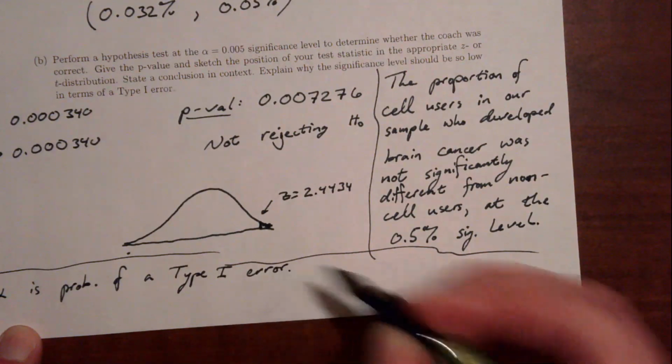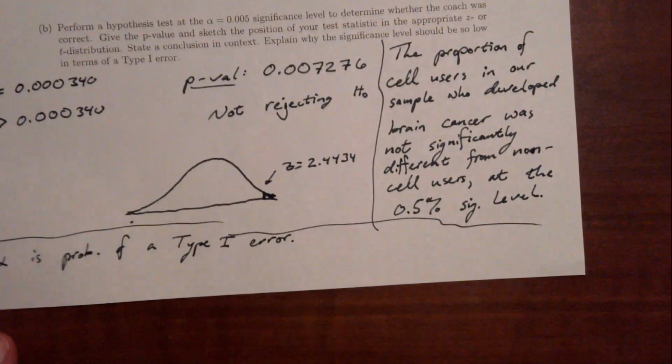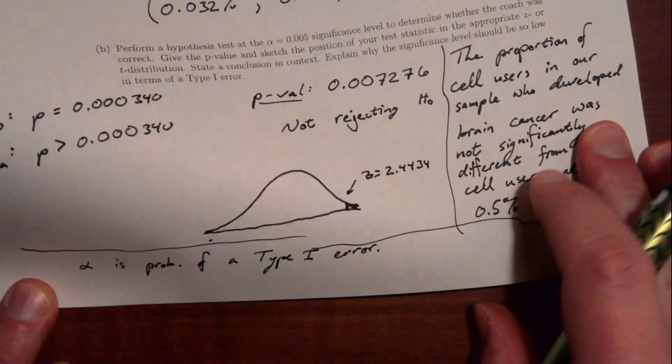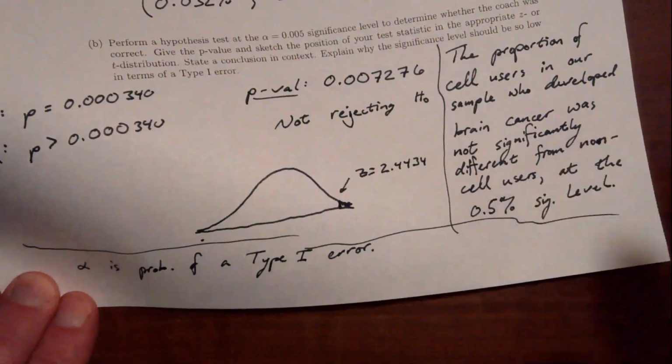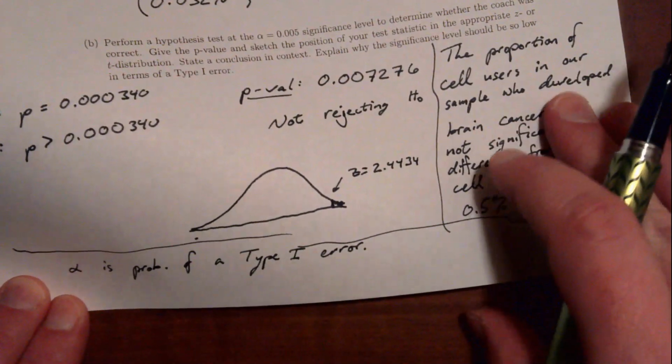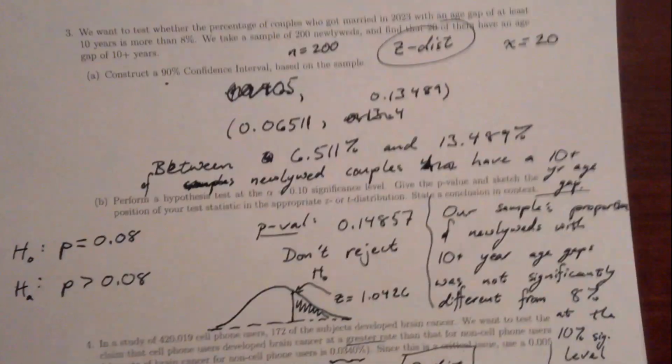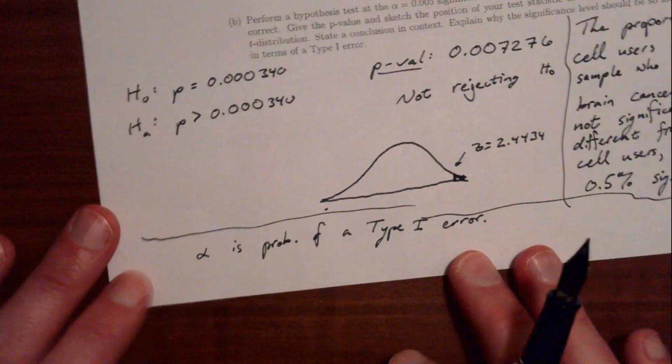We want to minimize this. Alpha is the probability of a type 1 error. We want to make this as small as possible so that we don't accidentally think that there is a statistically significant link between cell phones and cancer if there isn't.